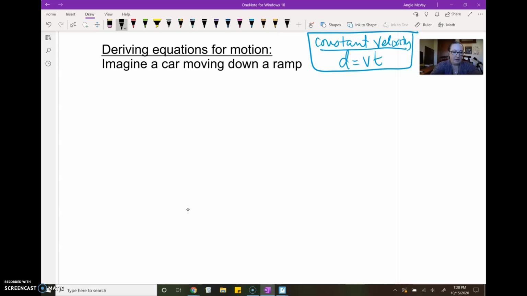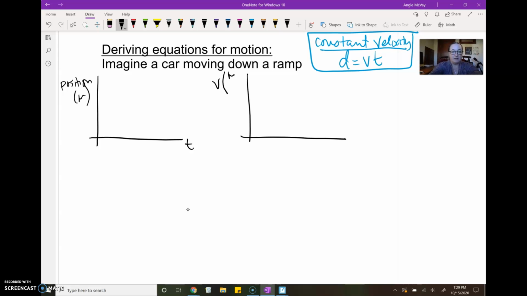Okay, so let's go ahead and derive some equations for motion. I'm going to do a position versus time graph and a velocity versus time graph. Okay, so if we've got something speeding up down a ramp, you can imagine a car rolling down the ramp and it will be picking up speed.